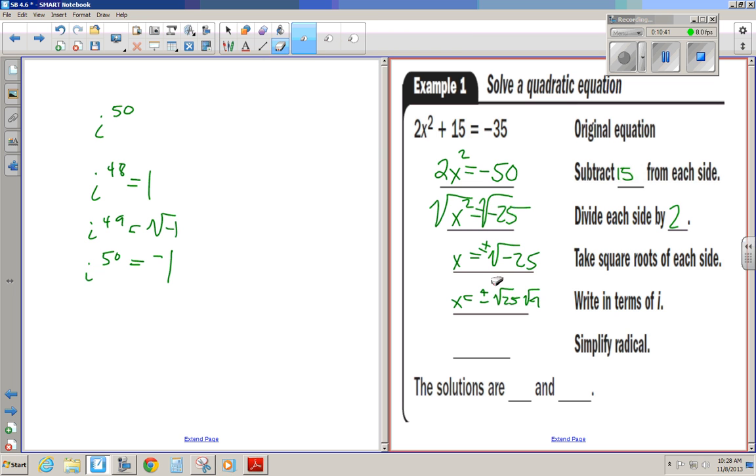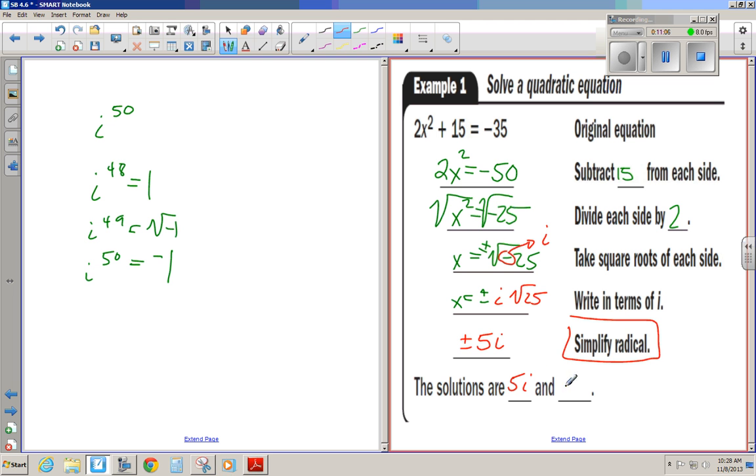Oh, but I think I said earlier that when there's a negative, just pull out the i. So when there's a negative in an even radical, you pull out an i. So this becomes plus or minus i square root 25. And then simplifying it, you should look at 25 and say, oh, I know that. That's 5. So it's plus or minus 5i. So your solutions are 5i and negative 5i.